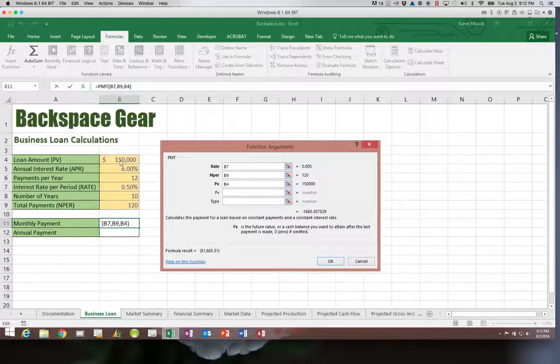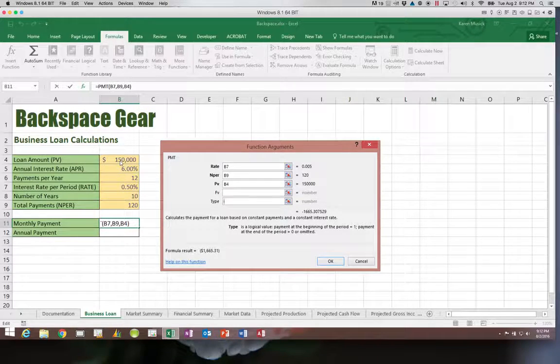The future value is what do I owe after I have made 120 payments. So if I should have paid the loan off completely after 120 payments, the future value in a loan repayment calculation should always be 0. So you can leave that blank, or you could type a 0.